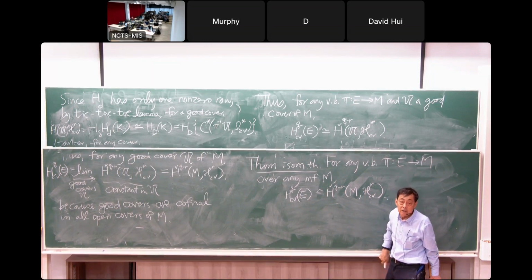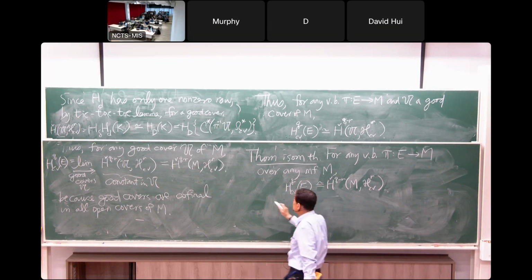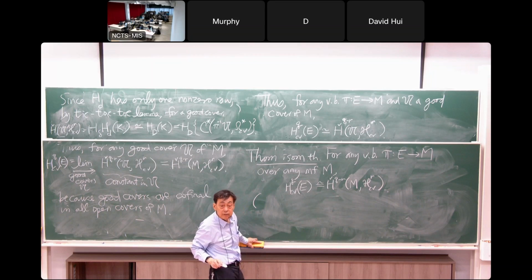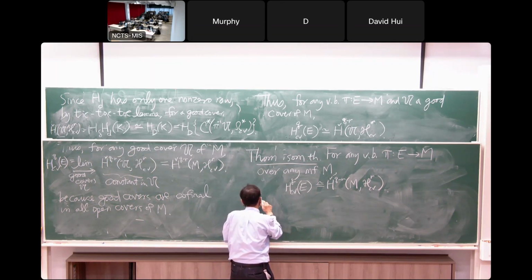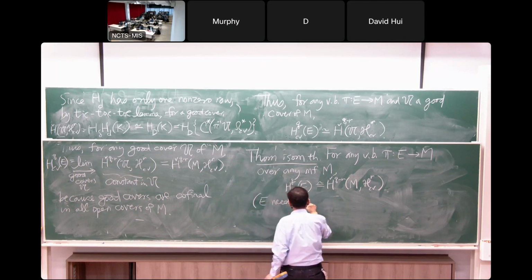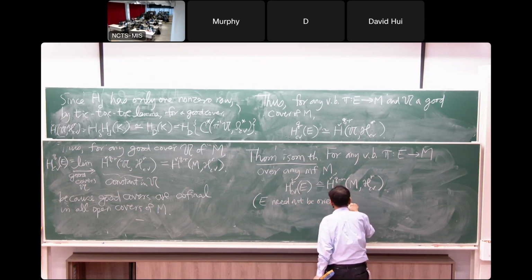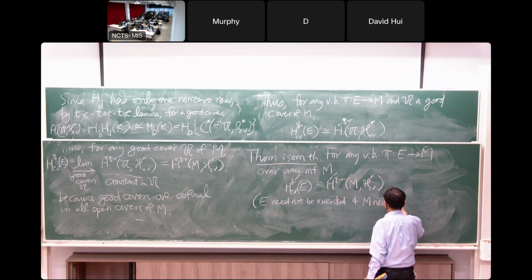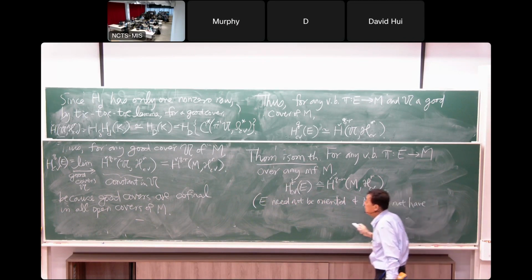And you notice that E doesn't need to be orientable and M doesn't need to have finite type. Okay, so E need not be oriented and M need not have finite type.